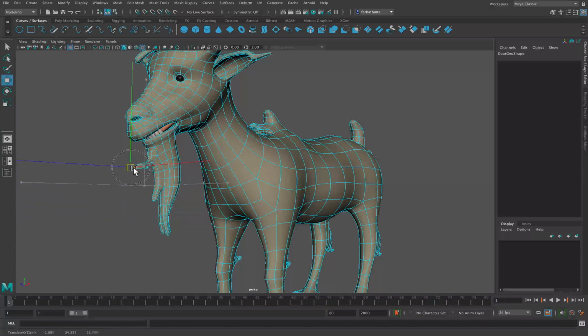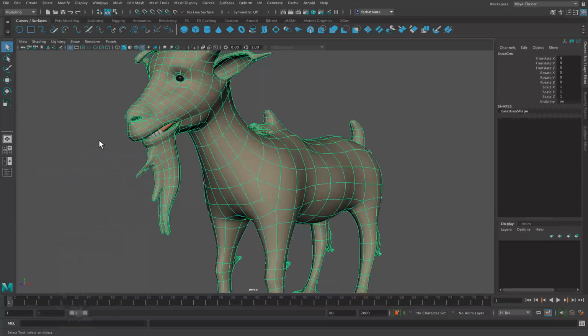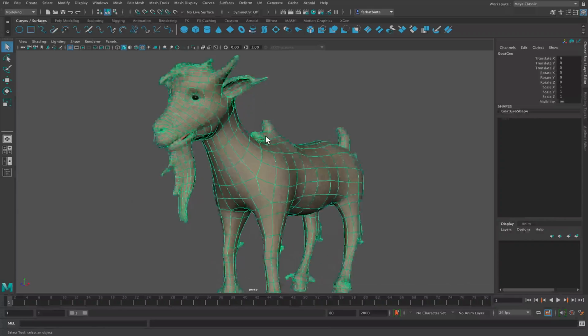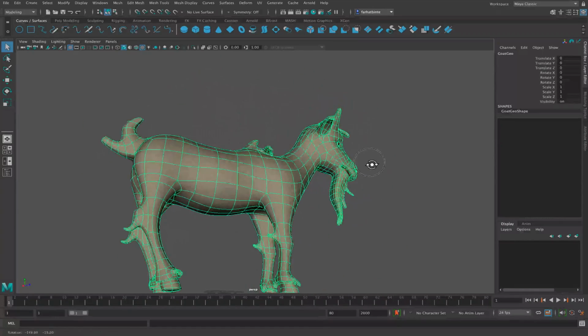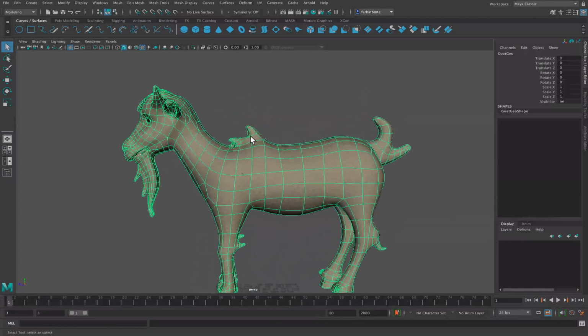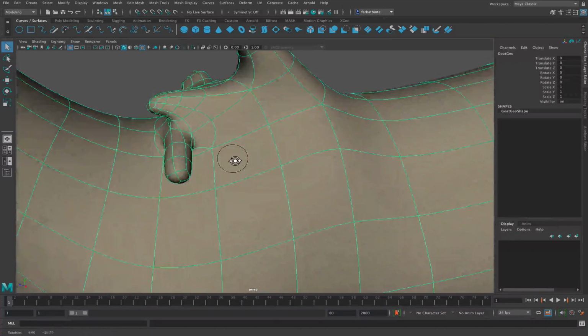So you can edit as you want, and you can see the shape is changed. There are so many surfaces in its body, and after adding all the surfaces, it creates the whole goat model.